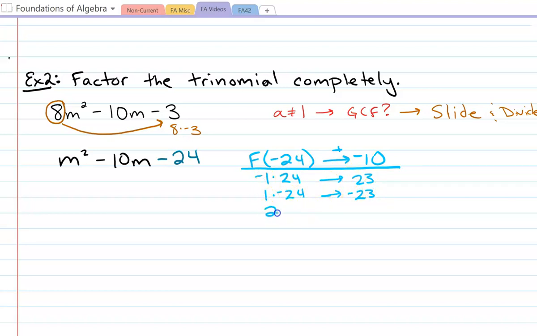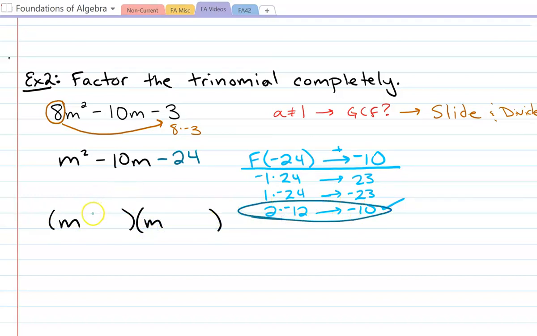How about 2 and 12? Well, 2 times negative 12 is negative 24. 2 minus 12 is negative 10. So there we go. So we put that into our form. So m plus 2, m minus 12.